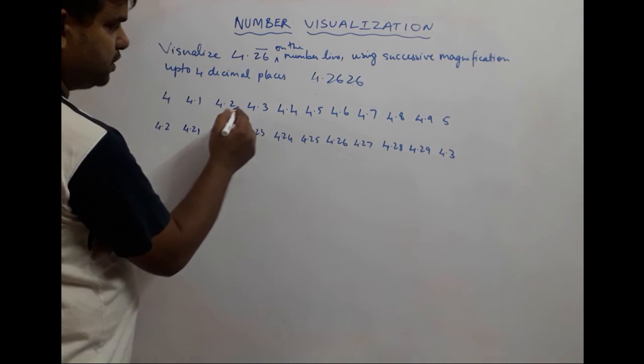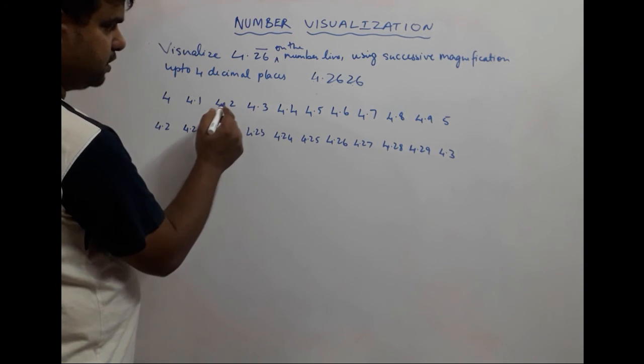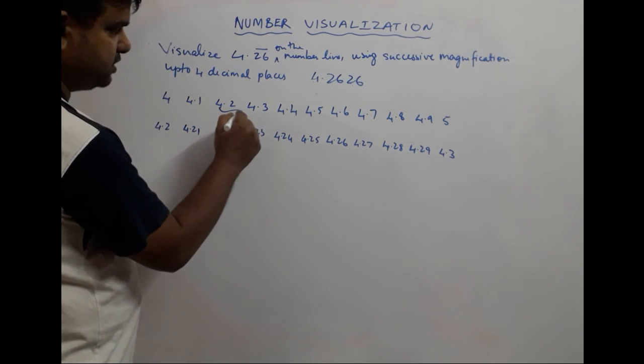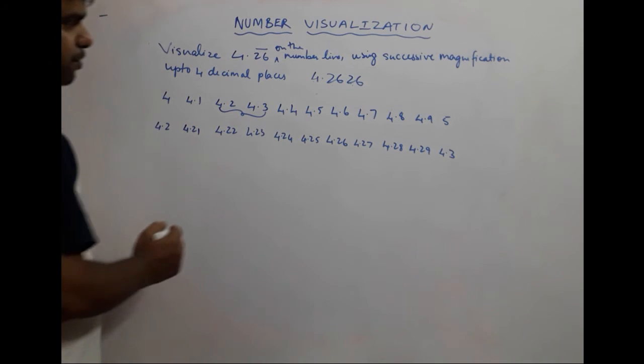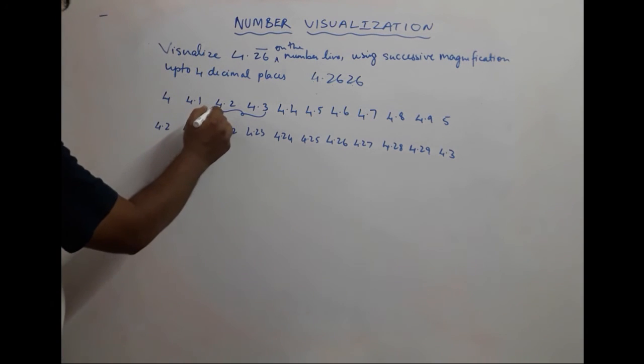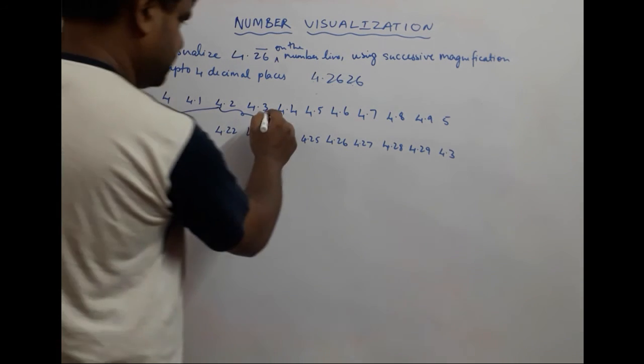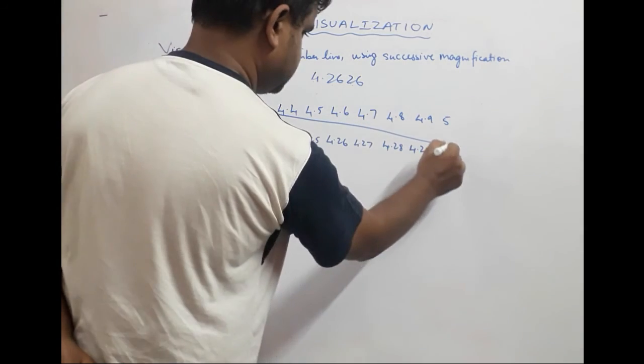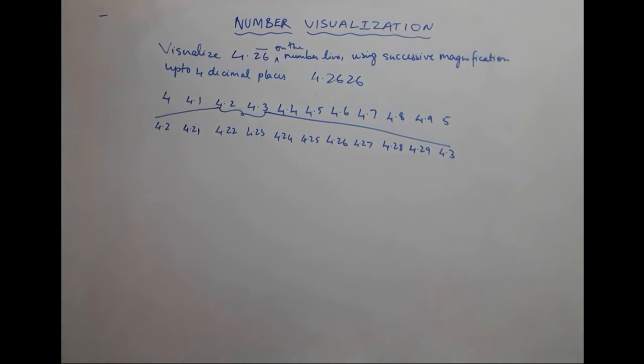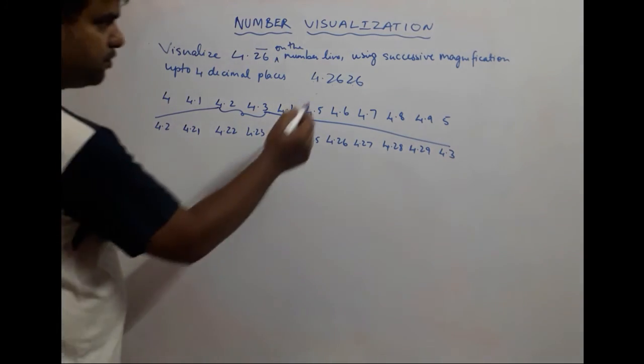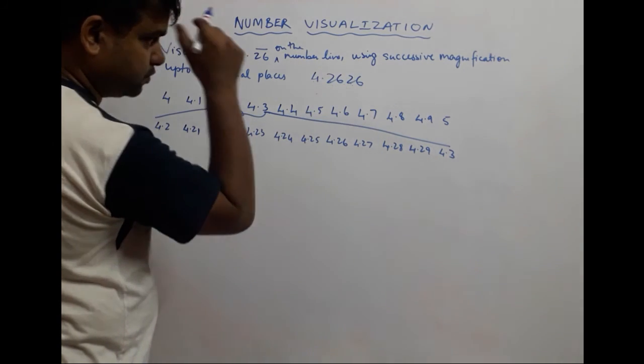So we magnified this particular region 4.2 to 4.3, and the magnified region is shown here. Next we want 4.262.